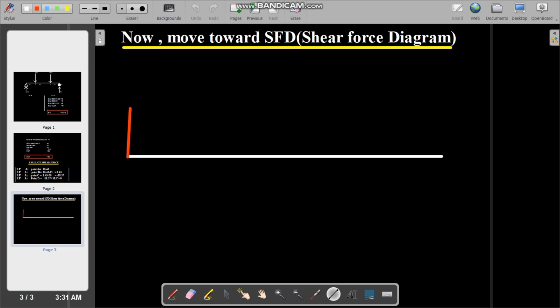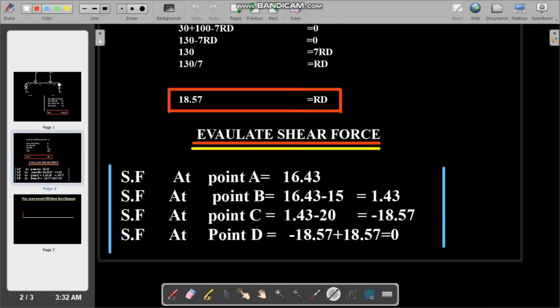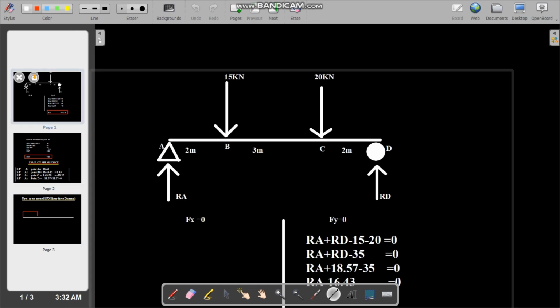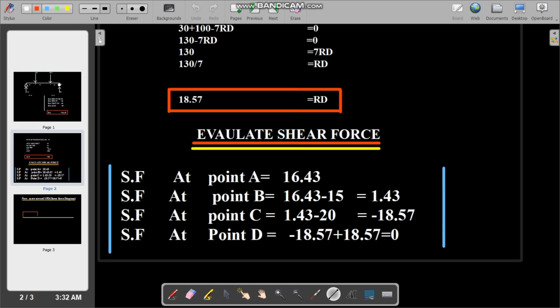And at point A, the shear force value is 16.43. As you can see, 16.43, it's upward, it's a positive point. When you see positive points or plus points, they are upward, and negative points are downward, because forces are applied in the downward direction. So 16.43, and the second one is 1.43.